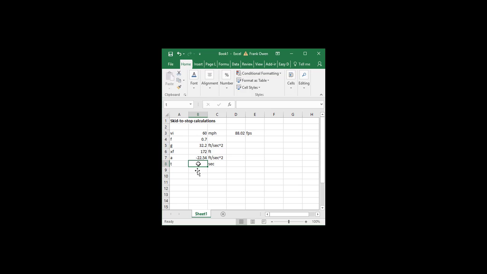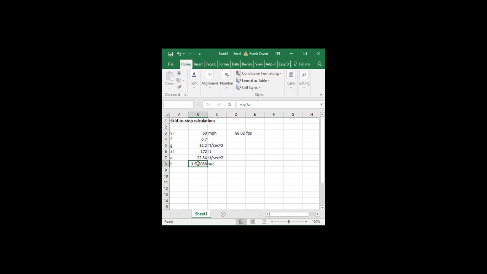Now the time, the formula that we had for that, is equal to minus the initial velocity divided by A. It did not like that. Let's see what's wrong here. I think I have A. Yep, A is not listed here as A. So I'm going to go back here and hit A, and that should clear the formula up.